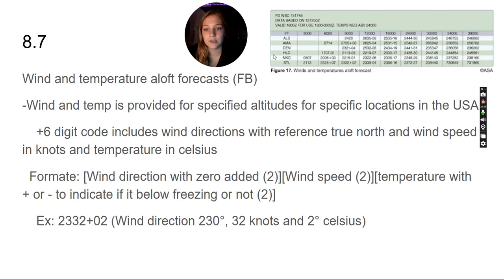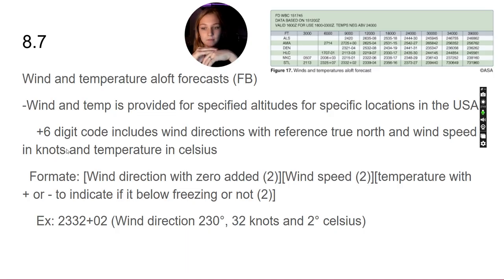So the wind and temperature aloft forecast, or FB. Wind and temperature is provided for specific altitudes for specific locations in the US. Here you can see that we've got 3,000 feet for DEN, probably Denver, I guess. And it just provides you the specific altitude. Here we've got 30,000 feet for the same place. It's a 6-digit code that includes wind direction with reference to true north, wind speed in knots, and a temperature in Celsius.